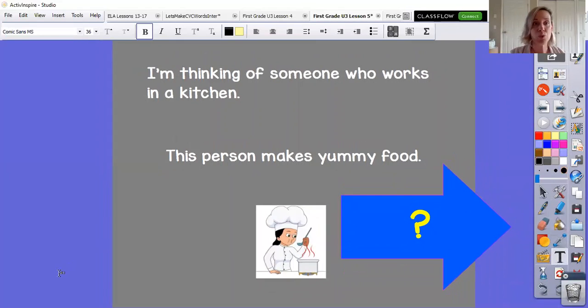This time I'm going to type it because it'll be a little bit easier. So cook, there's the double O and the K. Cook. That has the short oo sound, but it has the double O spelling.